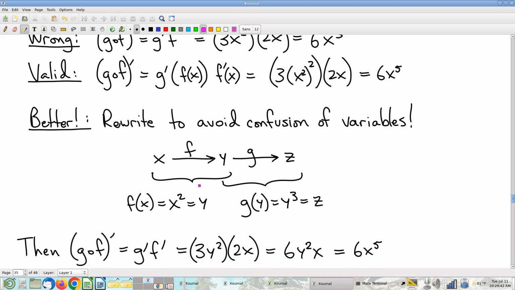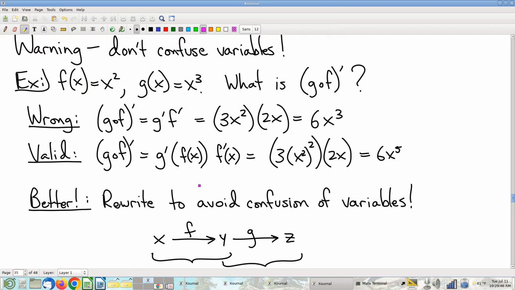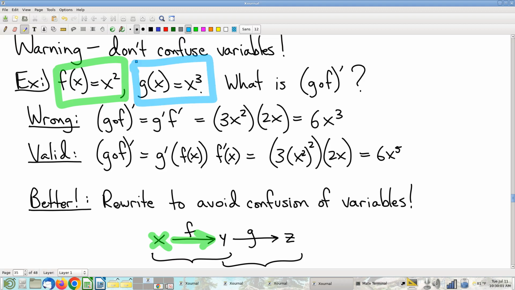Initially, F was written as a function of x, so x goes in and out comes some value. G also initially was given as a function of x.